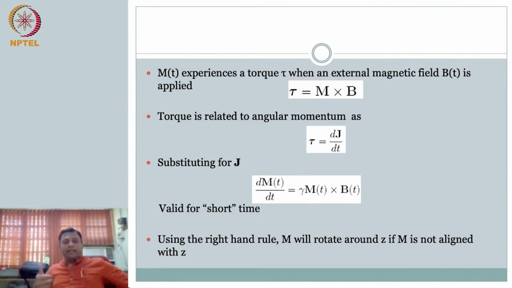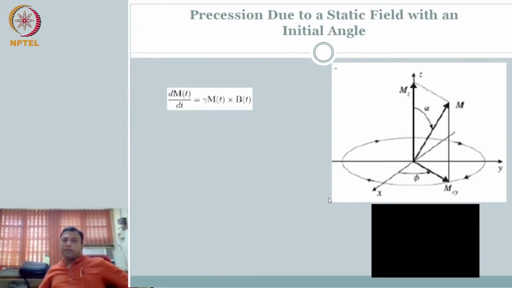So using the right hand thumb rule, we can say M is rotating around z if it is not aligned with the z direction. So this is the z direction. It is rotating around the z direction, right? This is what we have so far. So now let's describe this in a little more detail.